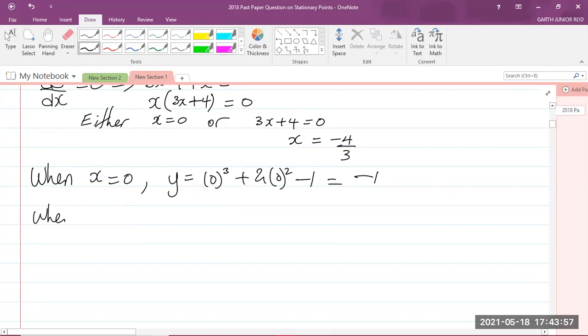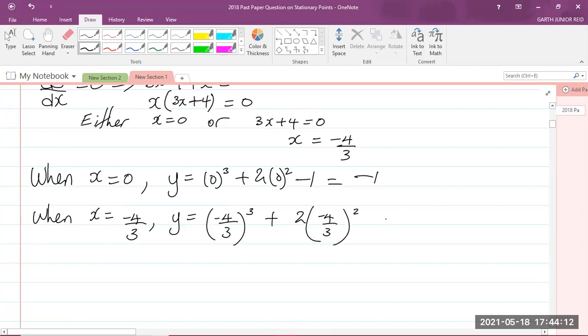So when x is equal to negative 4 over 3, y is going to be equal to negative 4 over 3 to the power of 3 plus 2 times negative 4 over 3 squared minus 1. If you put that into your calculator, you will get 5 over 27.